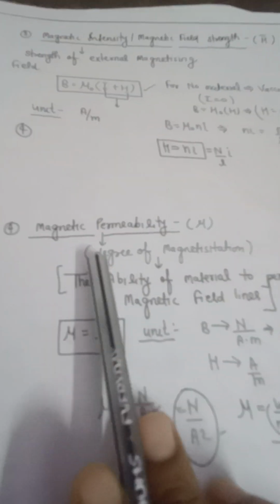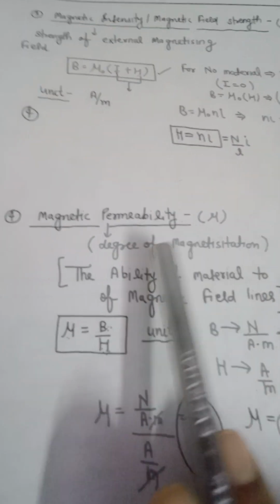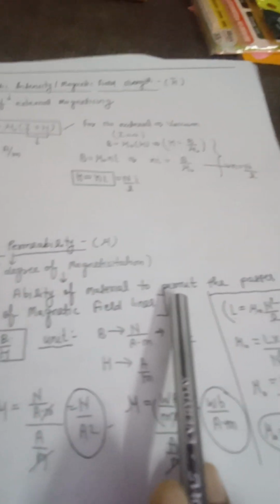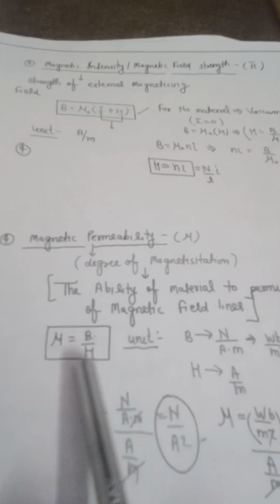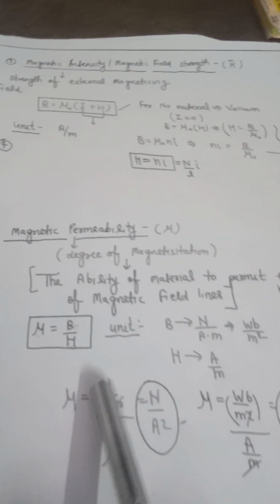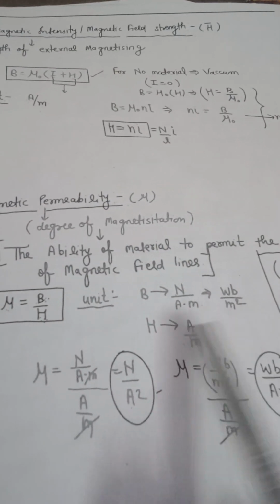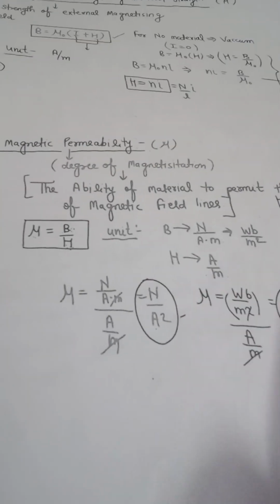Now I am telling you about magnetic permeability, which we define by mu. It is the degree of magnetization, the ability of a material to permit the passage of magnetic field lines. So mu is equal to B upon H. The unit of B is Weber per meter square, and H is ampere per meter.